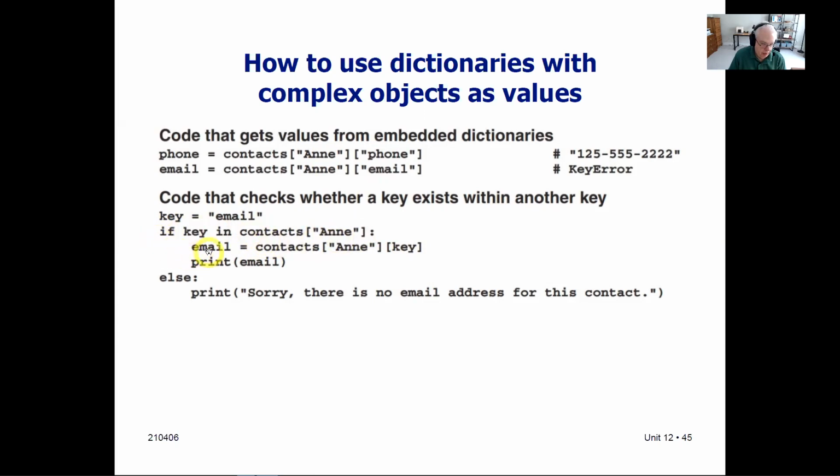So if email equals contacts Ann and key, which is email, then print the email, okay? Else print, sorry, there's no email address for this contact. So that would open the door maybe for adding that key later or something, I don't know, but that's kind of an interesting way to code that.